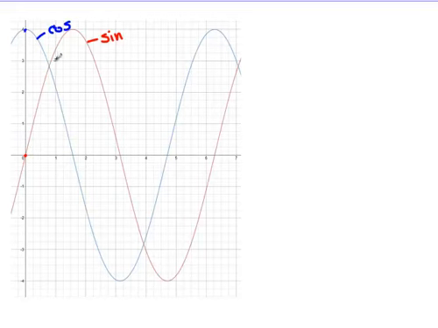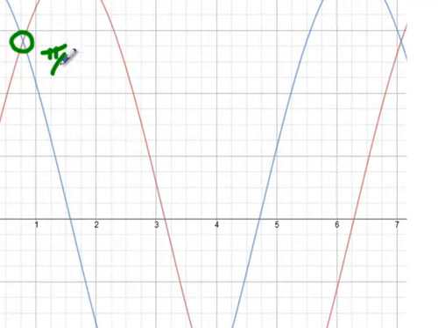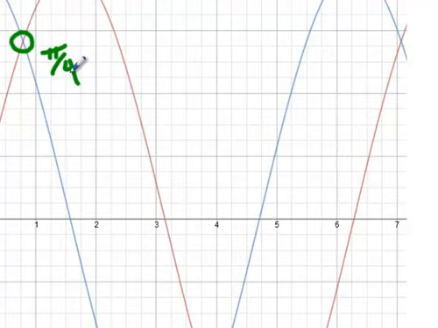What's interesting is notice this point here. Can you take a minute and guess what angle that is happening at? That's actually happening at pi over 4, isn't it? Because at pi over 4, both the sine and the cosine is a square root of 2 over 2.